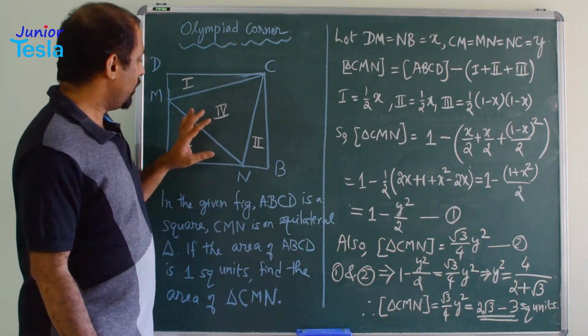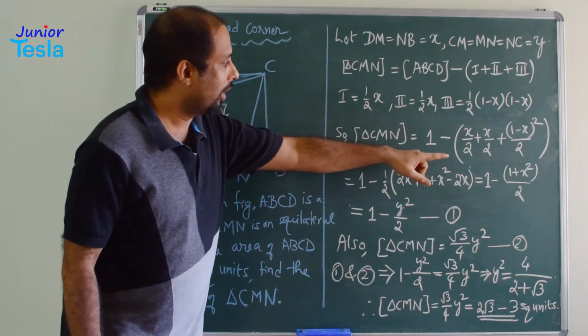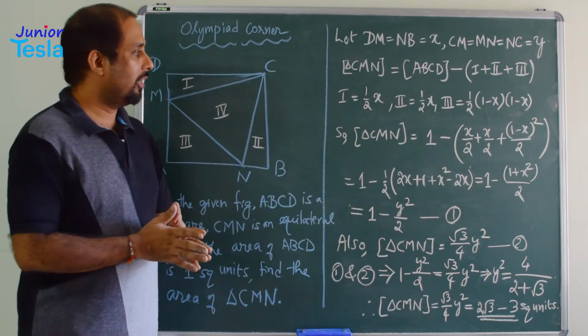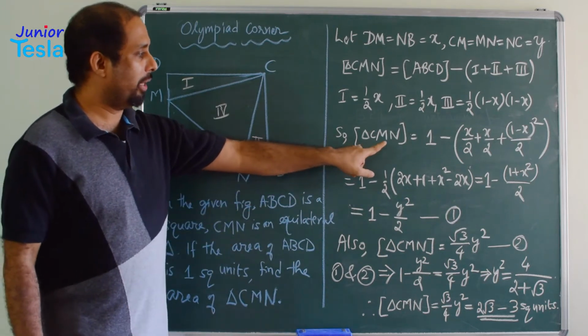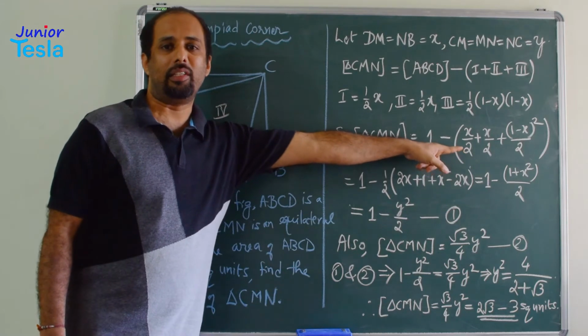So it is half into base into height, so half into (1 minus x) into (1 minus x). So the area of this particular triangle, that is MAN, is equal to (1 minus x) whole square divided by 2. Now the area of triangle CMN is equal to 1 minus the sum of these three parts.